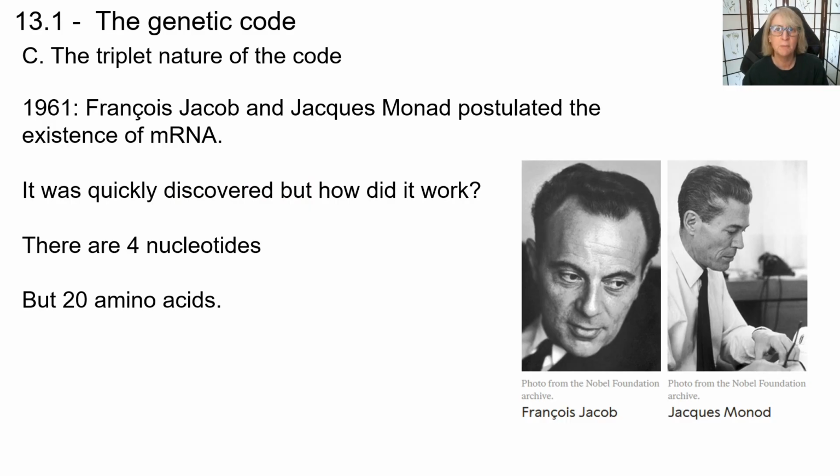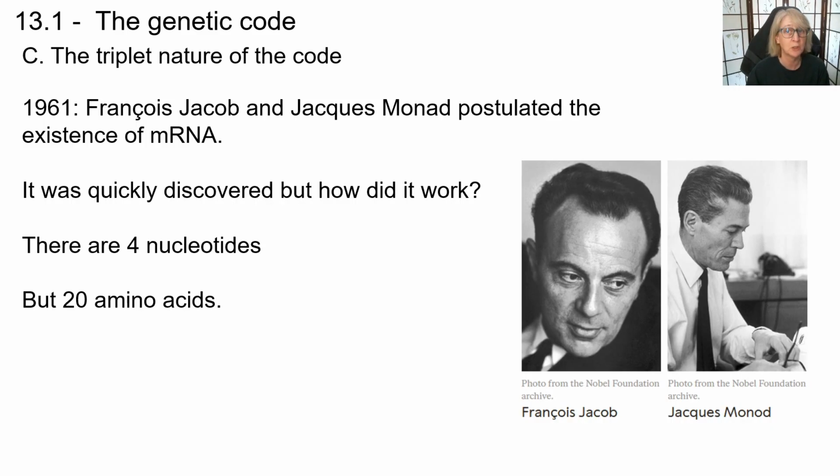So I want to talk a little bit about how we understand the triplet nature of the code. Francois Jacob and Jacques Monod postulated the existence of mRNA when DNA was still trying to be understood. We understood DNA from the mid-1950s, like 1952 or 1953.